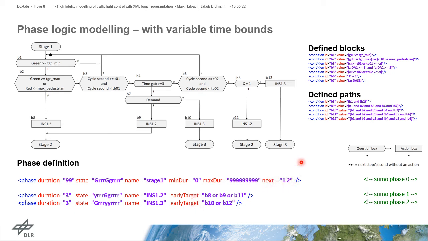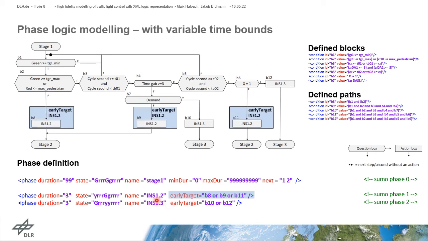And then we write the defined path to every interstage action block in the expression early target, first for the interstage 1.2, and then the same principle for the other two action blocks to this interstage. And now we have modeled a phase logic with variable time bounds.